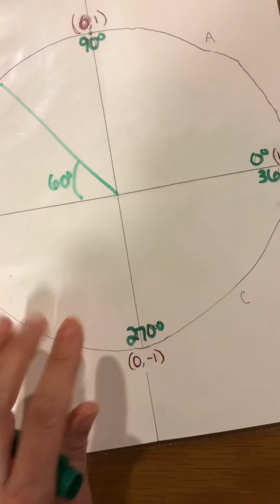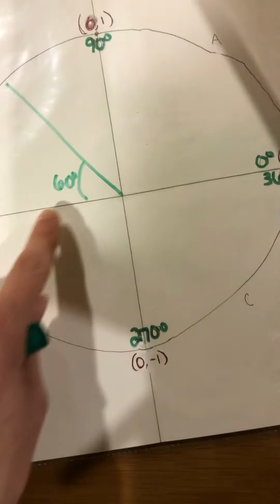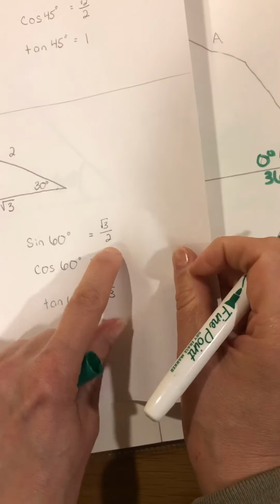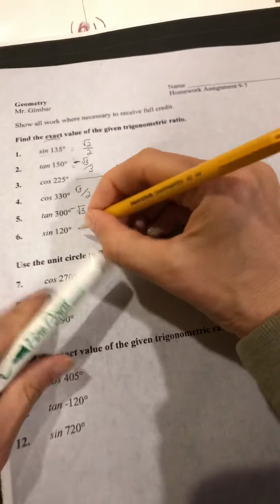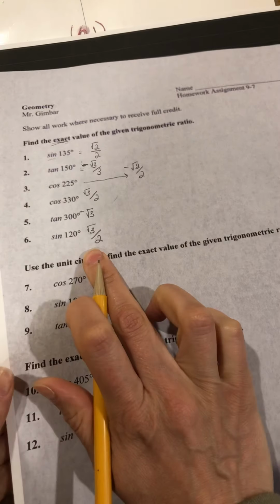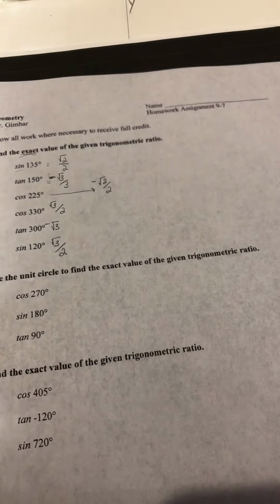So our reference angle is 60. So sine of 120 is going to be sine of 60, which is radical 3 over 2. And the last thing you always do is make sure your sign is correct. In this quadrant, sine is positive, so our answer is positive.